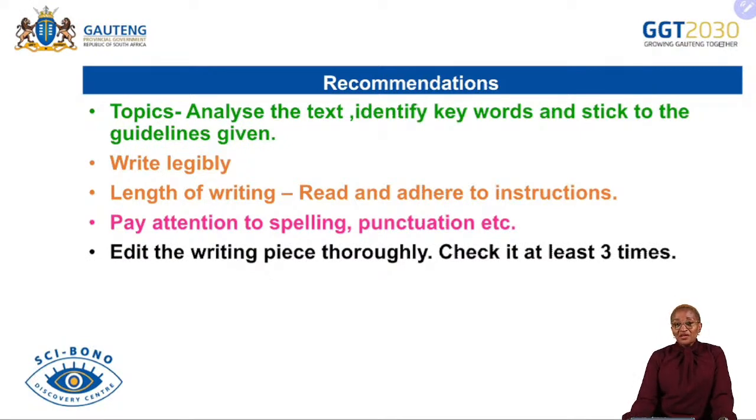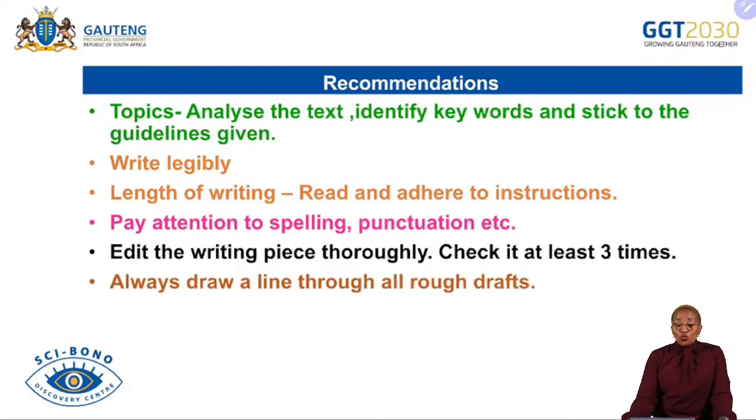It is important that you edit your work. Always draw a line through all rough drafts. If you have written a draft, it is important that you draw a line over it. If you don't, your teacher or any other person marking your work would then mark a draft. So draw a line over it to indicate that it is a rough draft.